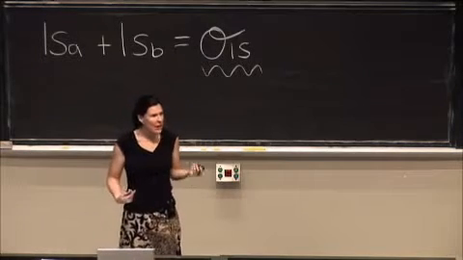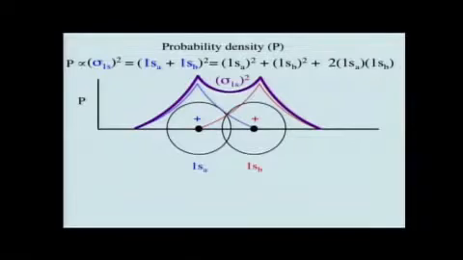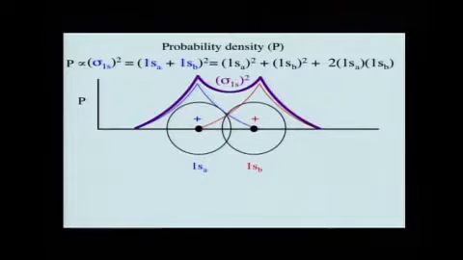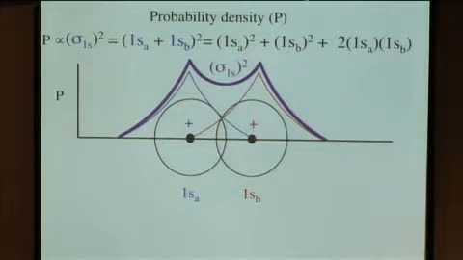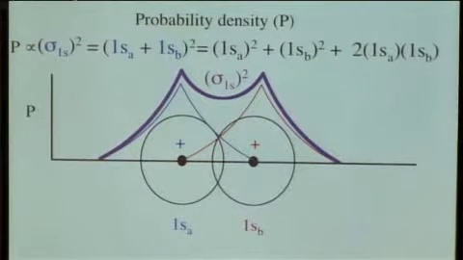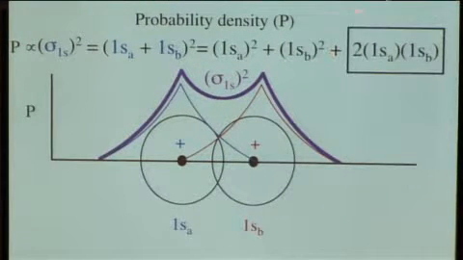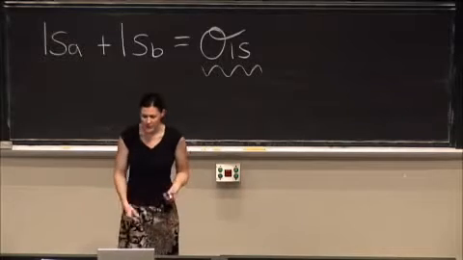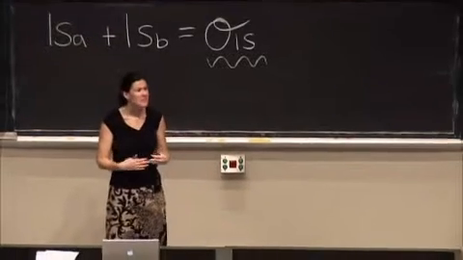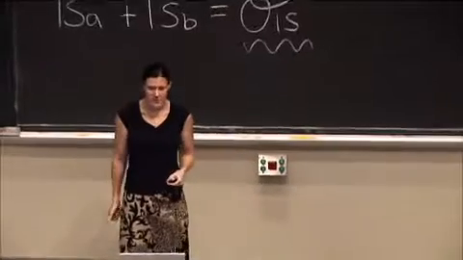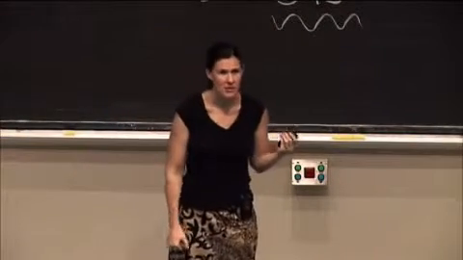If we write out every term individually, what we end up with is essentially just the probability density for the first atom, then the probability density for the second atom, and then we have this last term here, which ends up being the interference term. In this case, where we're adding it together, this is going to be constructive interference. So the cross term represents constructive interference between the two 1s atomic wave functions.